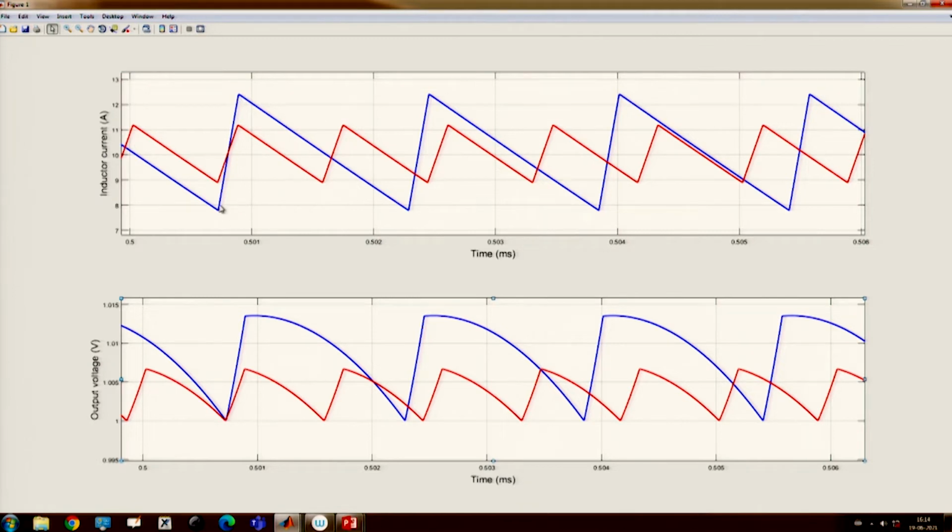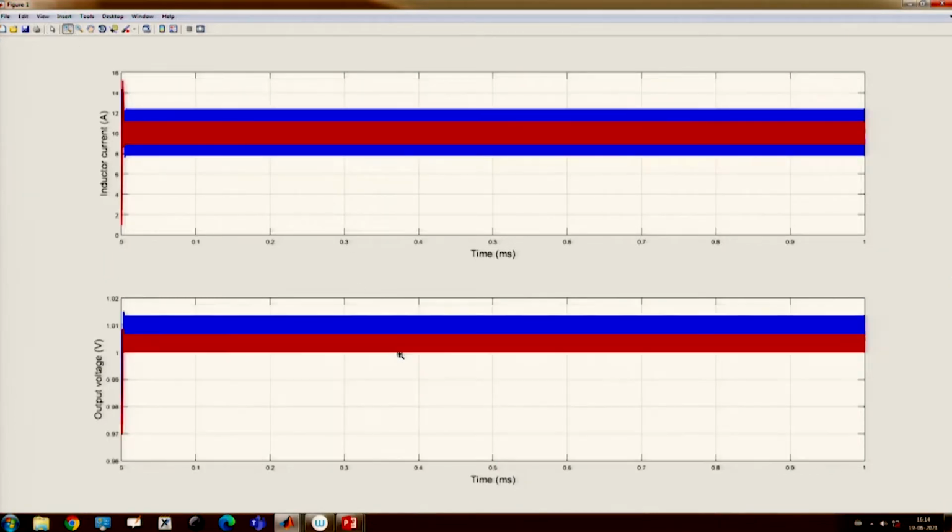In the red one, the slope is smaller, so with the same on time the ripple current will be smaller. As a result, the switching frequency is different for different input voltage conditions. So, these two are the results for two different input voltage conditions.